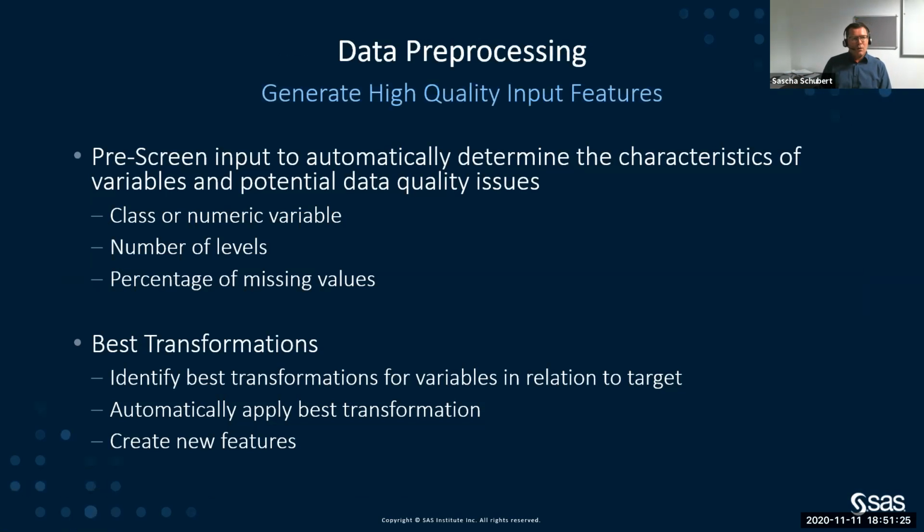We all know, even though we already have very highly specialized algorithms that we can use these days, especially when we talk about artificial intelligence, very complex neural networks for image processing and natural language processing, every project starts with the data, and I haven't seen a project yet where there was not a problem with the data. And so the pre-screening or pre-processing of the data, how much can be automated here, is always a question of debate.